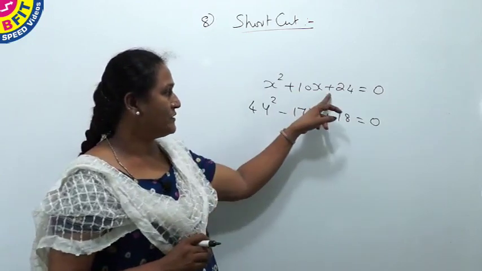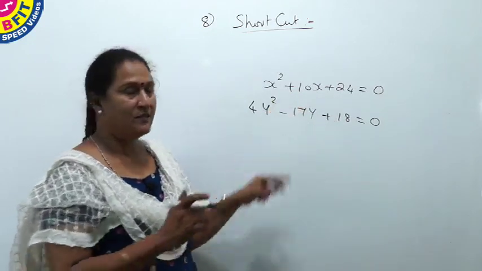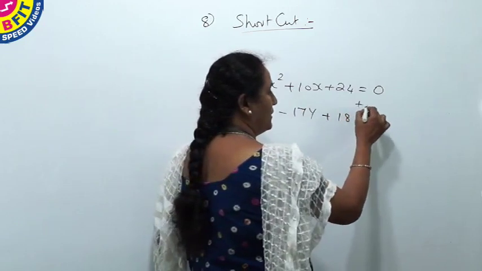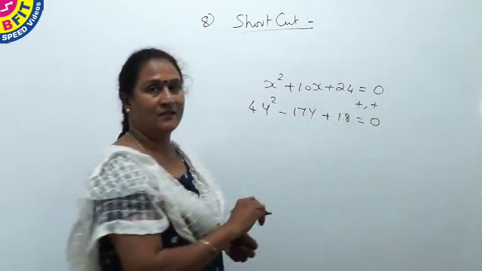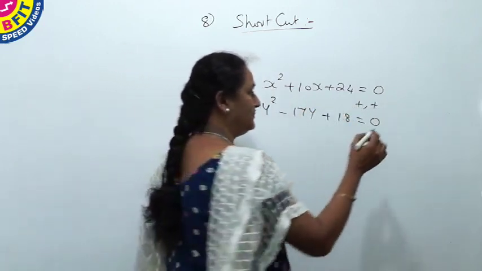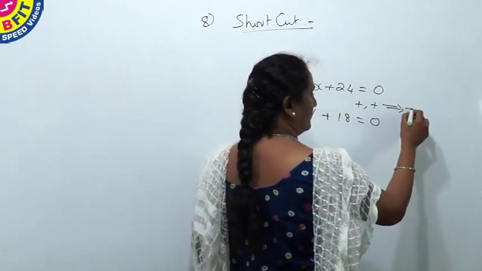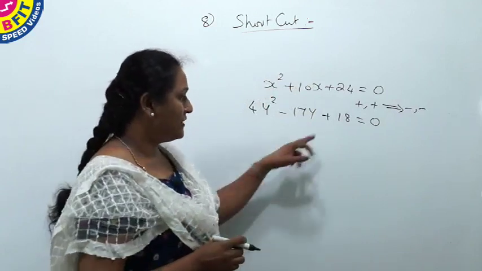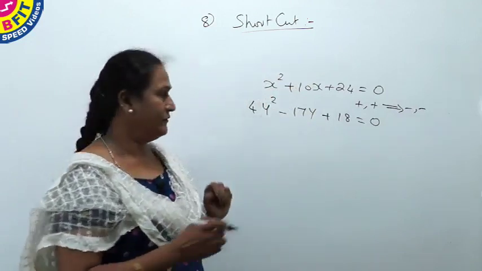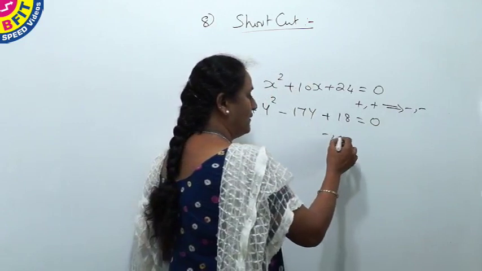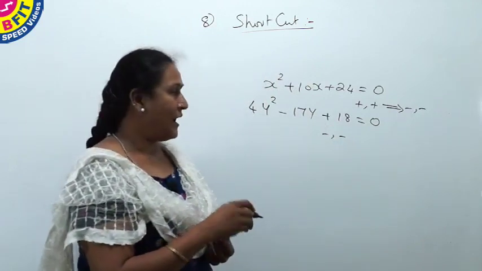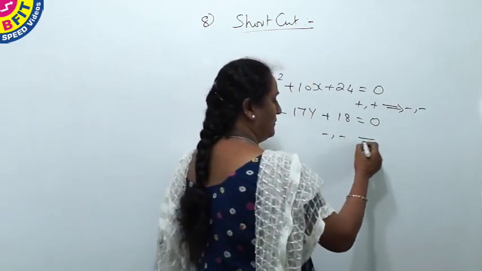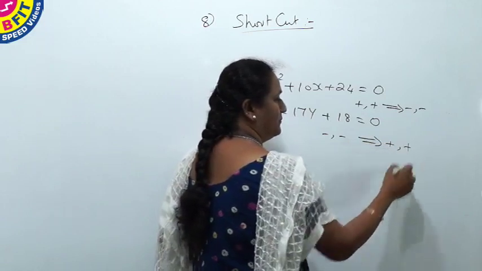When this is positive and here it is plus, we will choose two numbers and give the sign plus, and after changing the symbol, both the numbers bear the sign minus. And when this is positive and this is negative, we will choose the numbers and give minus for both the numbers, and after changing the symbol, it becomes plus.